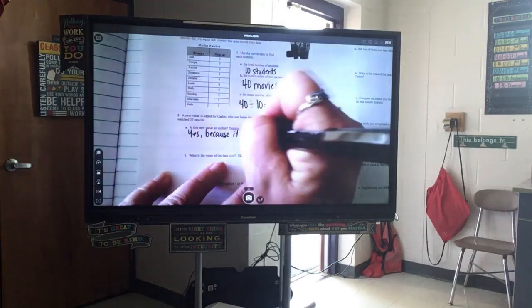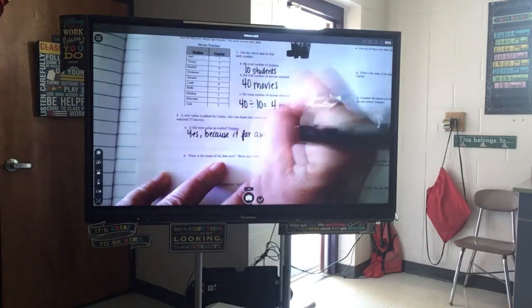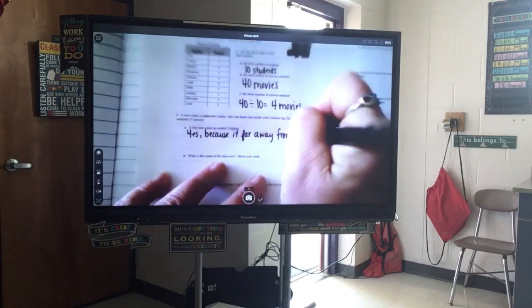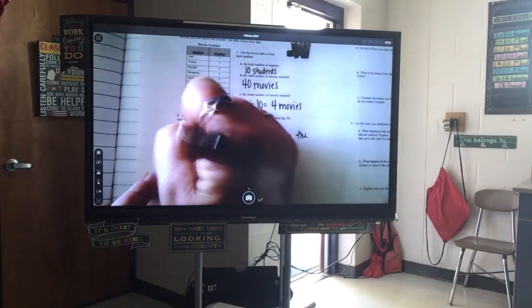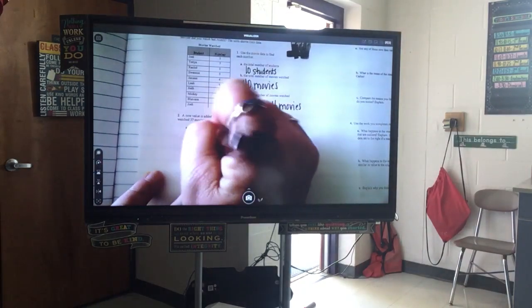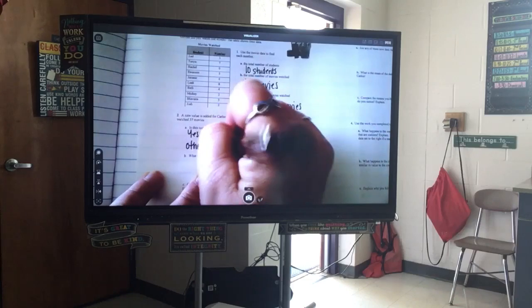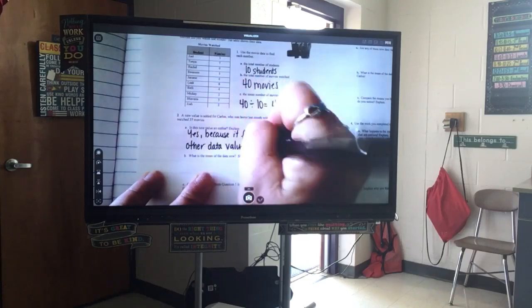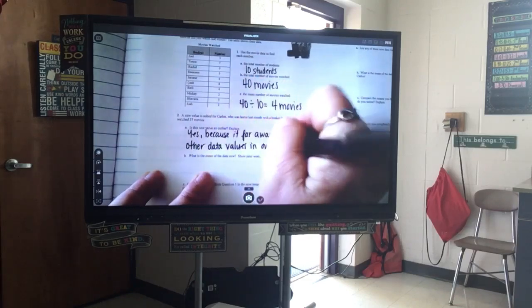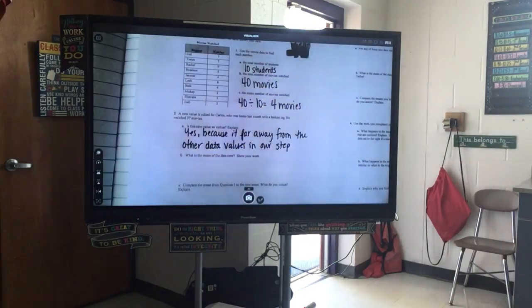Yes, far away from the other data values in our set. You do need to start using the words data and value, and start understanding outliers, that kind of thing.